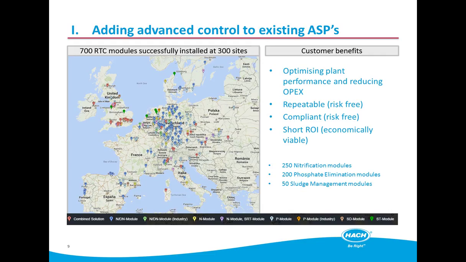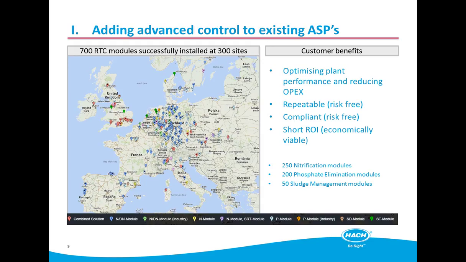This next slide is just to highlight where there are established RTC packages in use. To date, we have over 700 applications across UK and Europe. The map shows not just ammonia removal controllers, but phosphate removal, total nitrogen removal, sludge dewatering and sludge thickening real-time controllers.